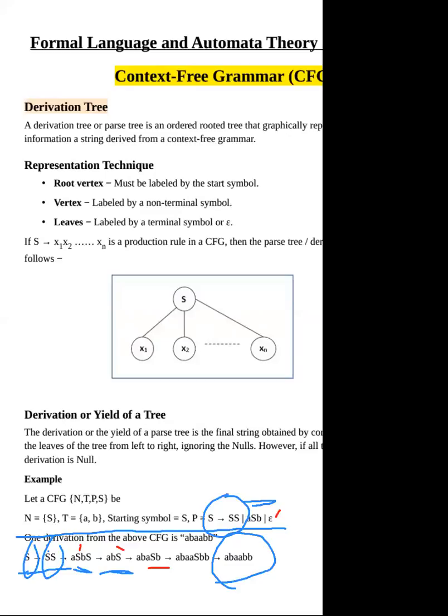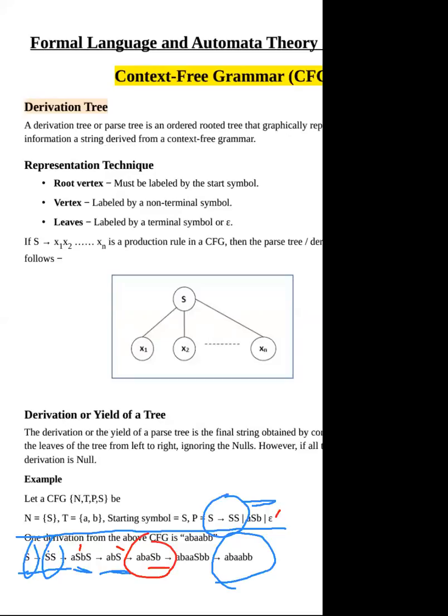Firstly, we replaced the first S by ASB. Now secondly, we replace the second S by ASB. Now we have ABASB.